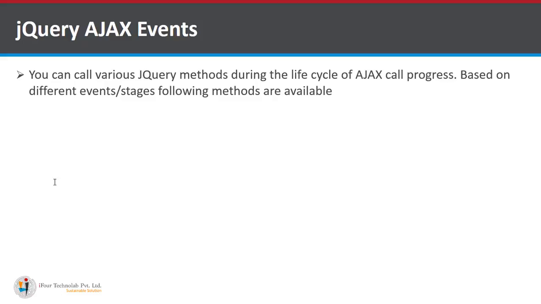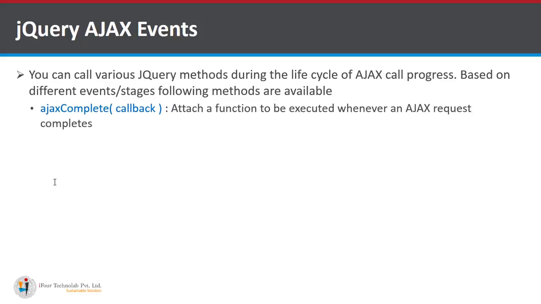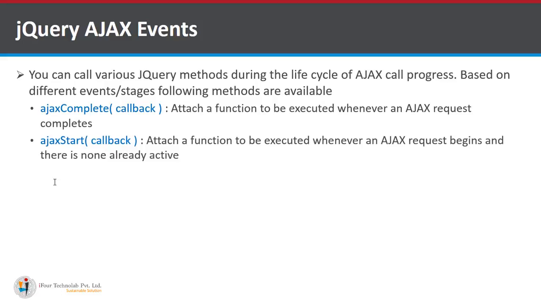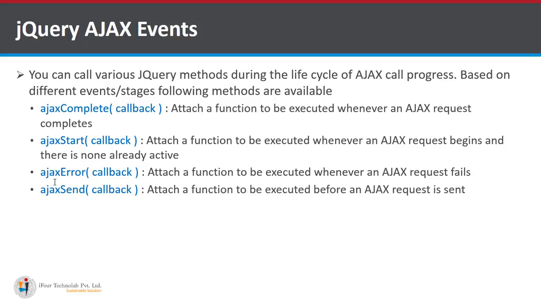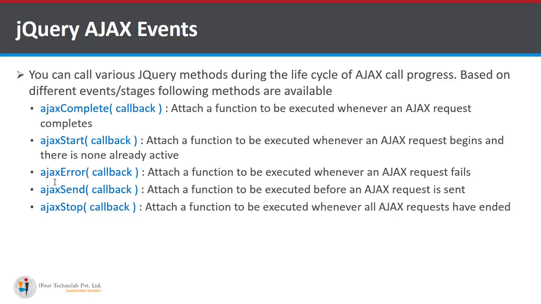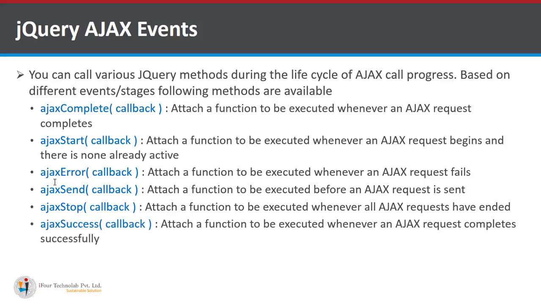Based on different event stages, the following methods are available. ajaxComplete attaches a function to be executed whenever an AJAX request completes. ajaxStart attaches a function to be executed whenever an AJAX request begins and there is none already active. ajaxError attaches a function to be executed whenever an AJAX request fails. ajaxSend attaches a function to be executed before an AJAX request is sent. ajaxStop attaches a function to be executed whenever all AJAX requests have ended. ajaxSuccess attaches a function to be executed when a request succeeds.